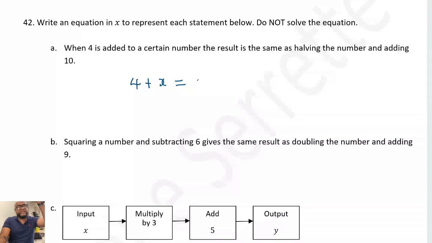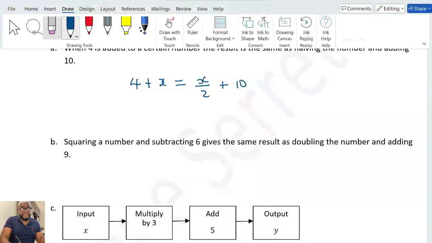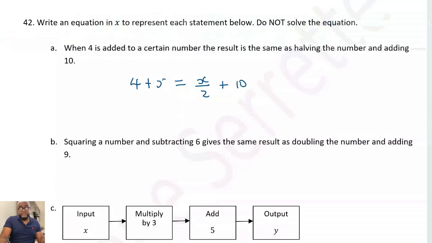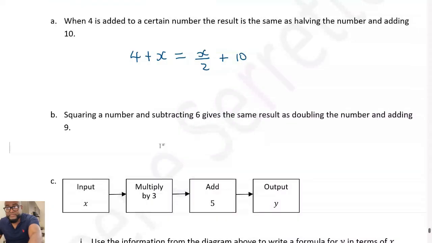So for half the number, I could either put a half x or I could just put x over 2. And adding 10. This is the answer here. Everybody good there? I'm going to write this x a little better. Right? 4 plus x is equal to x over 2 plus 10. Cool? Let me do the next one.